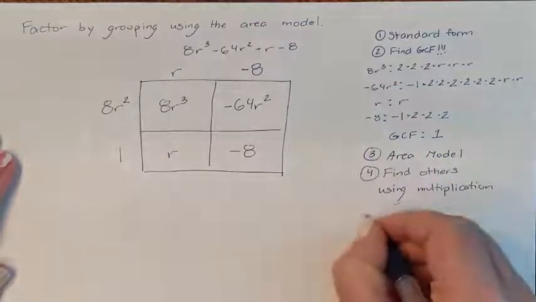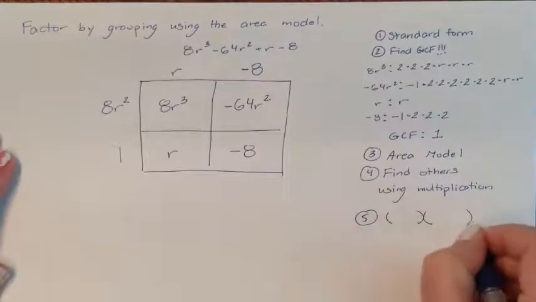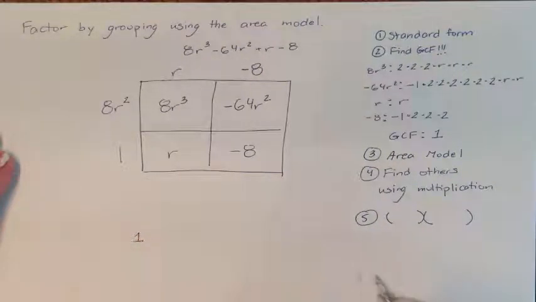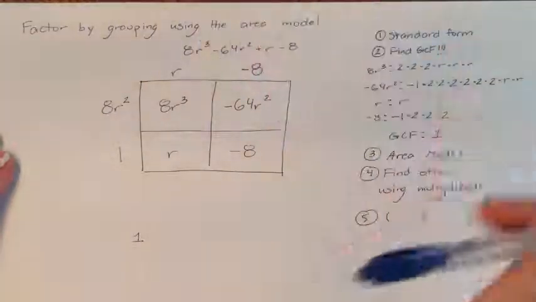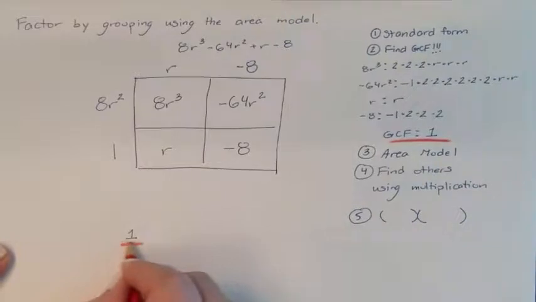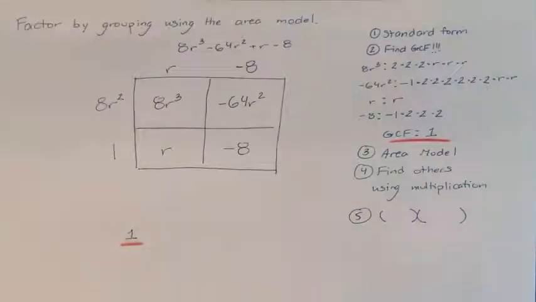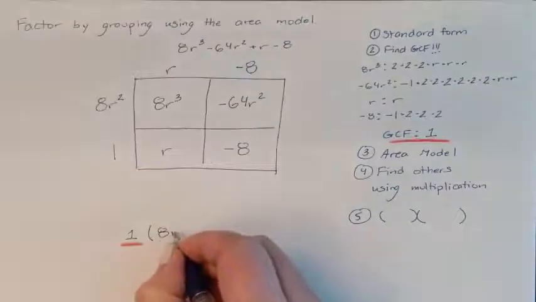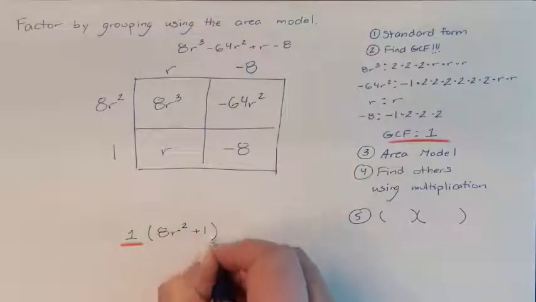So my last and final step is to give my final answer. And how do we write that? You are supposed to write the GCF. So I found my GCF over here, and I'm supposed to write my GCF first. And then this side is 1 parenthesis, so 8r squared plus 1.